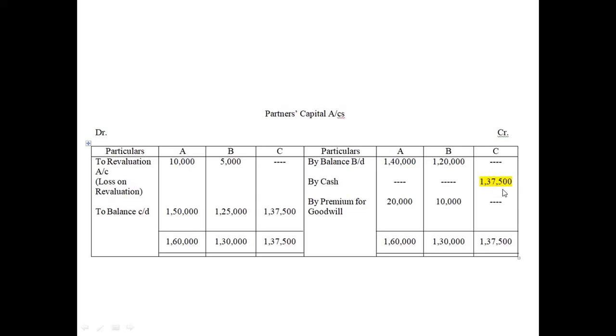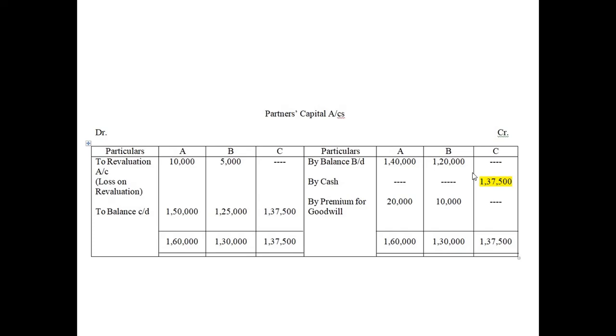This amount should be blank here because we don't know. This is our main problem area of this question. Rest are as it is, just like the previous ones. Only this adjustment is a new adjustment here, so we will focus on this adjustment. We write by cash, but do not write the amount. That is why this is highlighted with yellow color.